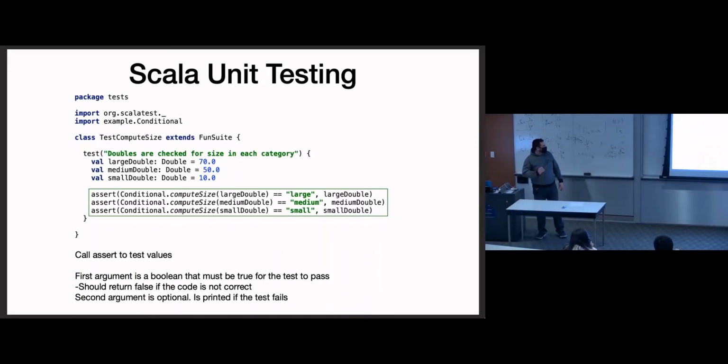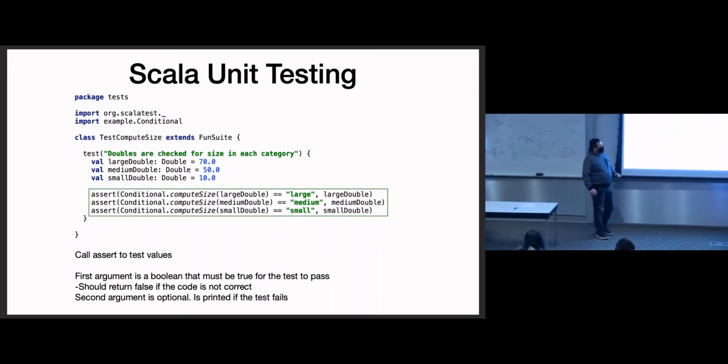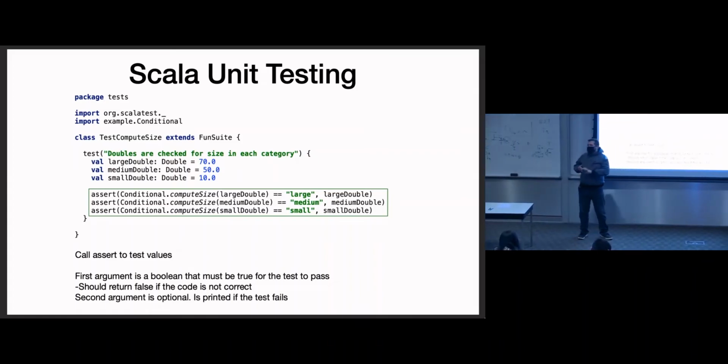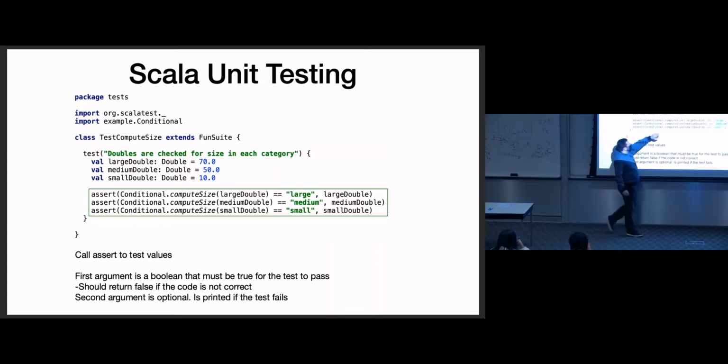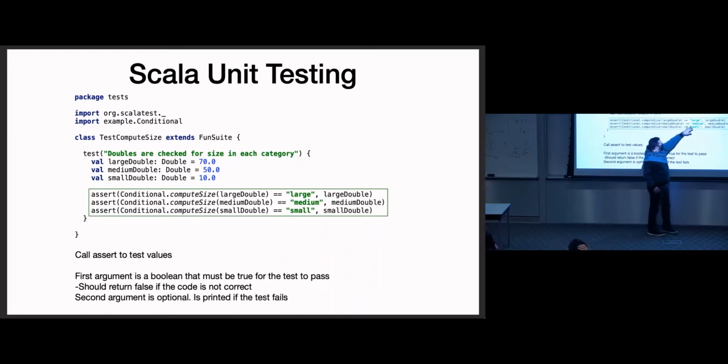Assert is going to take a Boolean expression, and that Boolean expression has to be true for that test case to pass. So here I have a test case where I'm giving my computeSize method the value 70. I'm going to call my method and get whatever it returns when I give it the value 70, and I'm expecting that to return the string large.